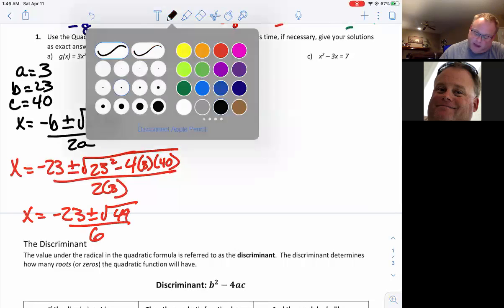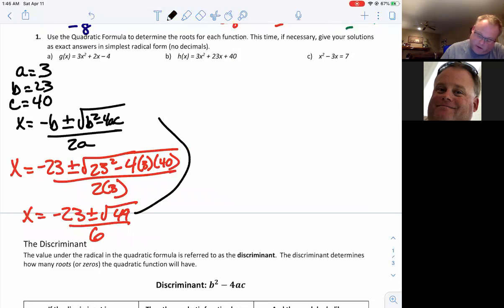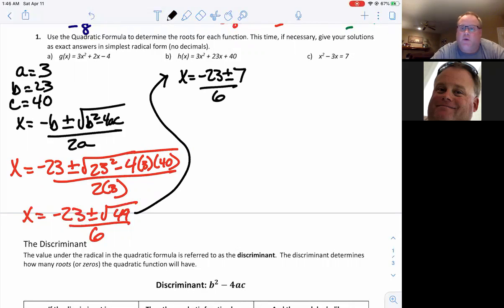So now I'm going to take that and go right up here with it. So x equals negative 23 plus or minus 7 all over 6, because the square root of 49 is 7. So I'm looking for two answers, one with the positive 7 and one working with the negative 7.